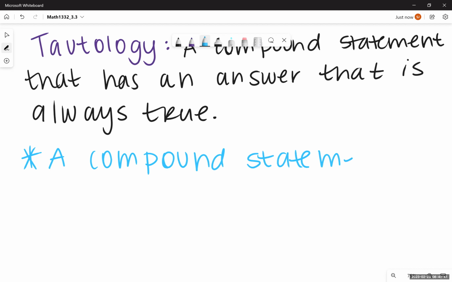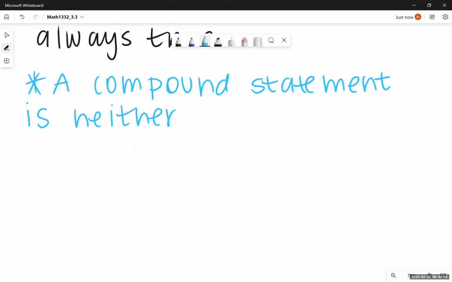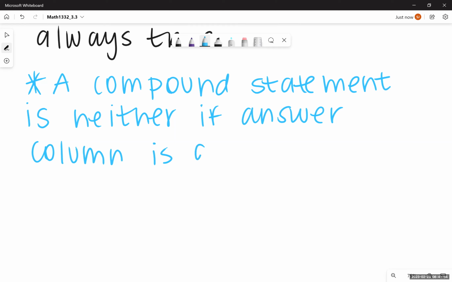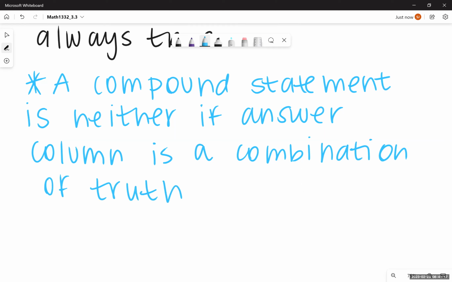This is kind of moot in a way because it's saying the same thing we've already said, but in a different way.